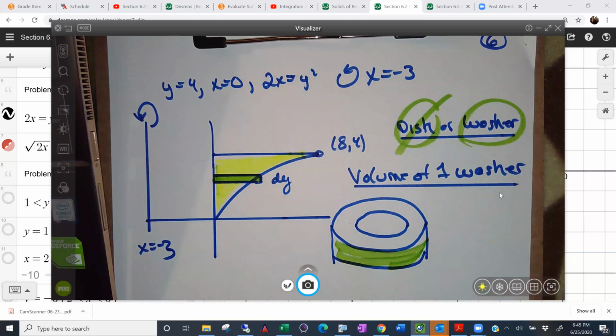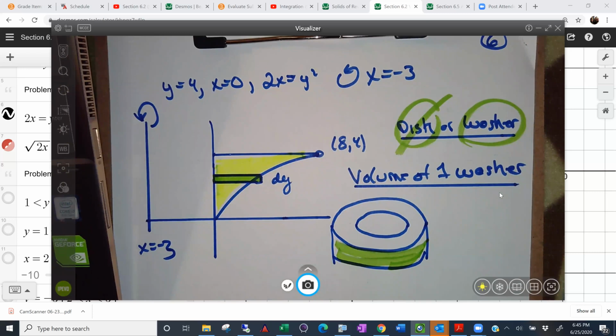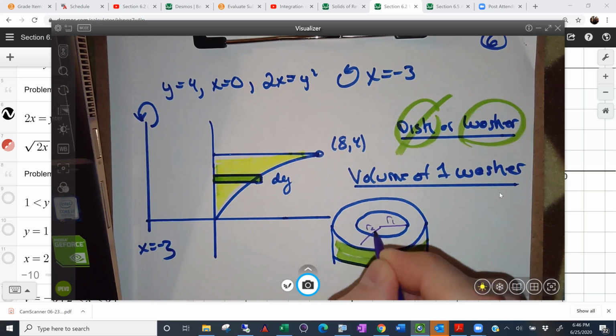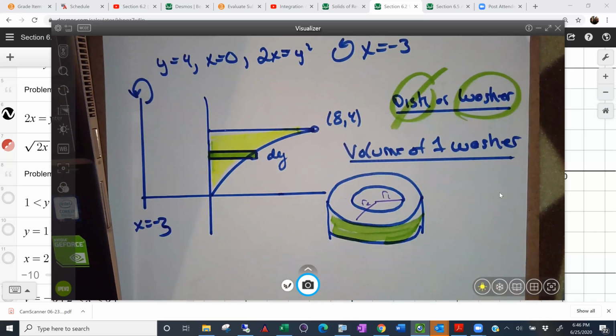So we'll do here and here, R1 and R2, inner and outer radius. Do you remember the shortcut that I gave you for the volume formula? Volume of one washer.